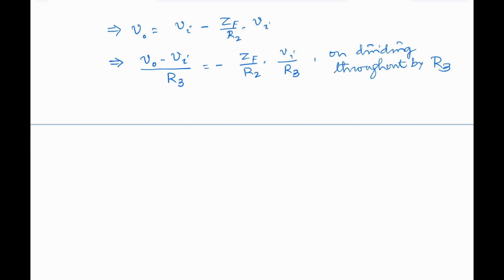So what is this? V naught minus Vi is the current that flows from output to the input. So because we have shown the direction of current flowing from left to right, from input to output, it is just the other way around. So I put a negative sign here. So this is minus II is equal to minus ZF upon R2 into Vi upon R3.